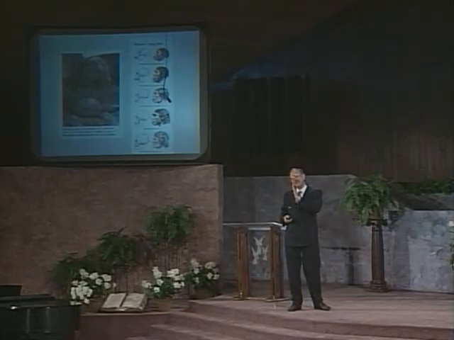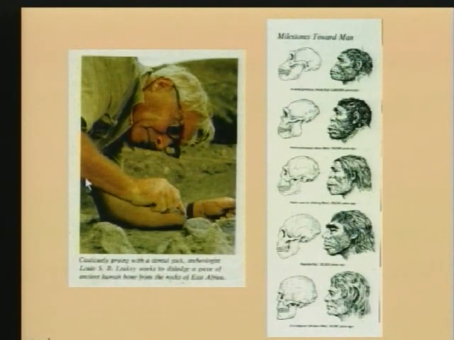Now, let's have a look at what the various groups say. This is Louis Leakey over here. He's, of course, dead now, but his whole protege are the ones that are carrying on with this work. Their ancestor is this one over there. Australopithecus is the one. Australopithecus, pithecus means ape. So this is an ape.